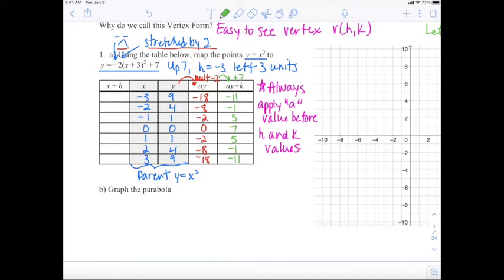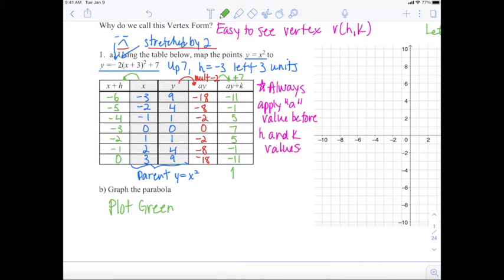All right, and then for my h value, I can see that my h value is actually -3. I have to move left 3 units. So what I'm going to do is shift my entire graph left 3 units. And then what I do is I plot the green points.